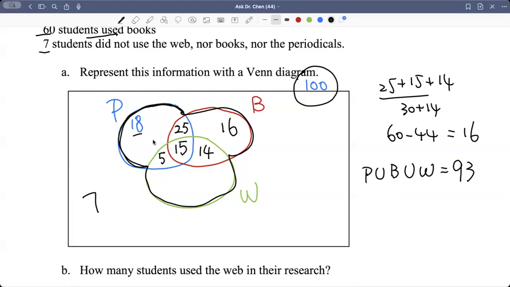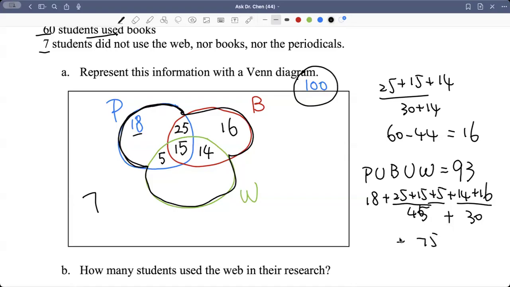Start with 18, plus 25, plus 15, plus 5, then plus 14 and 16. So 25 plus 15 is 40, 40 plus 5 is 45. 14 plus 16 is 30. 45 plus 30 is 75, then plus 18. How many do I have?